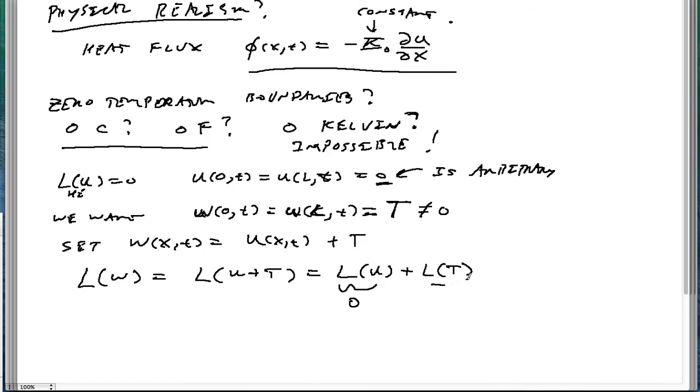And because T is a constant, the derivatives take that constant and also set it to 0. And now we know that U plus T is going to be equal to T on the boundaries.